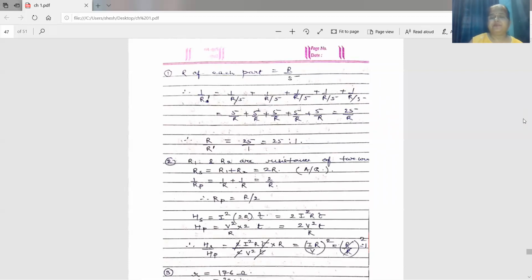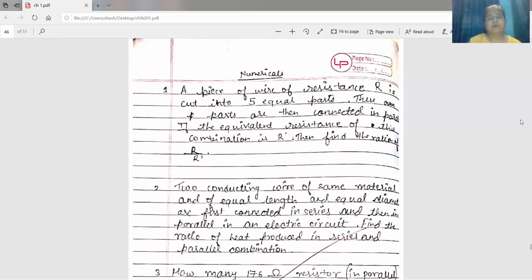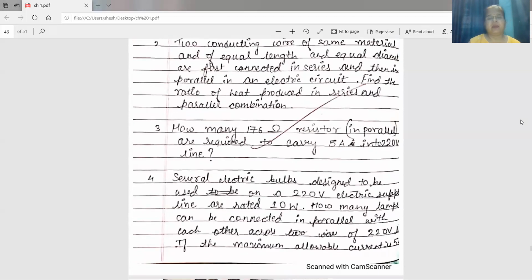Next is number 2. Two conducting wires of the same material, of equal length and equal diameter, are first connected in series and then in parallel in an electric circuit. Find the ratio of heat produced in series and in parallel combination.